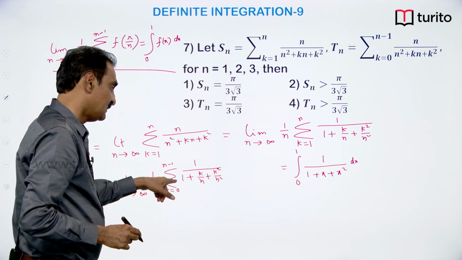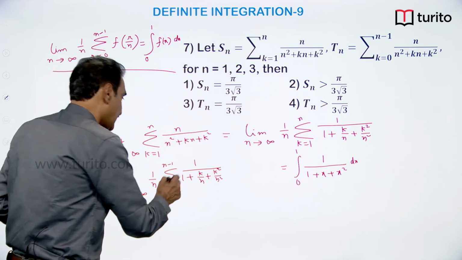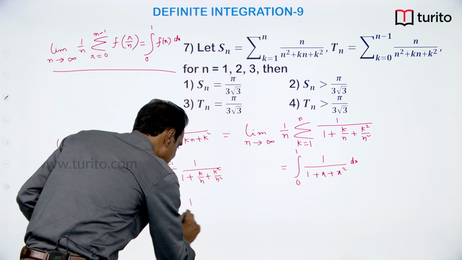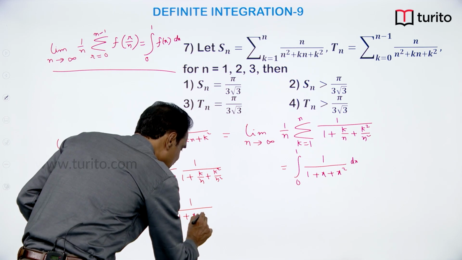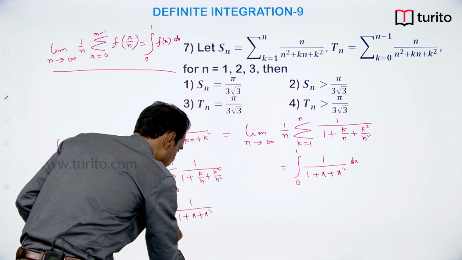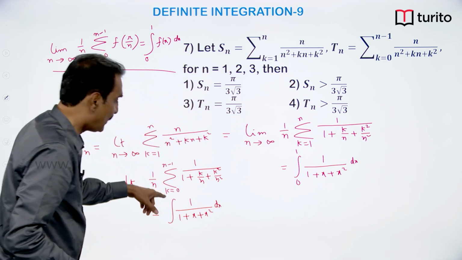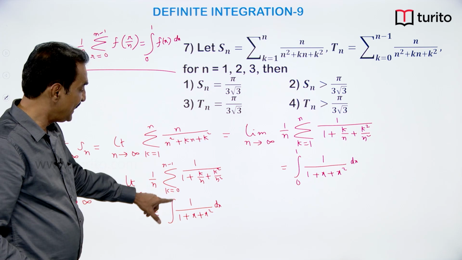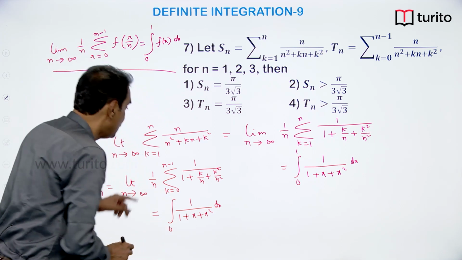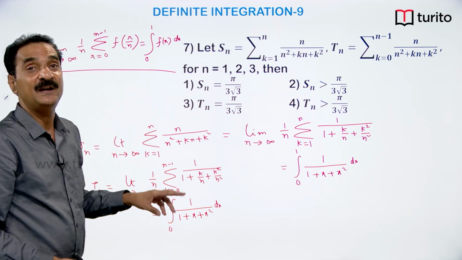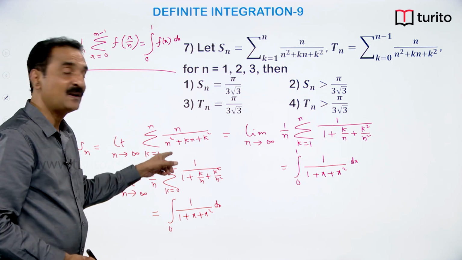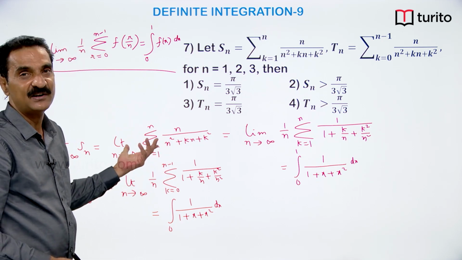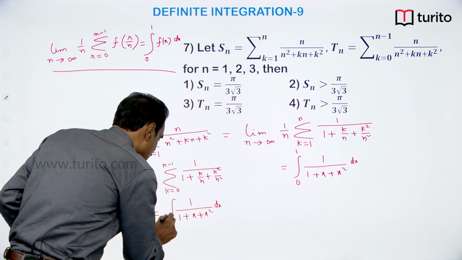Then if you convert into a definite integral, again you will get the function as 1 by 1 plus x square. And what will be the limits of x? Divide the limits of k by n. 0 by n is 0. N minus 1 by n is 1 minus 1 by n. 1 by n tends to 0. So the upper limit is 1.